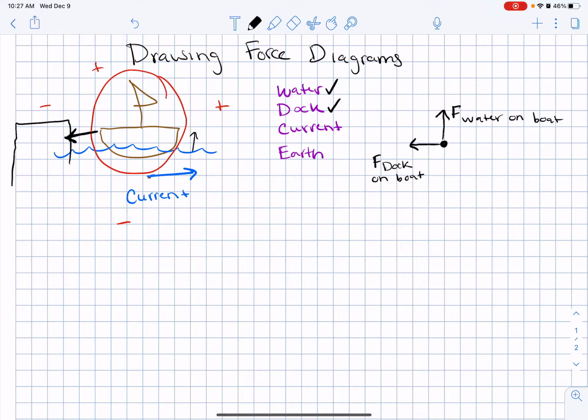Well, the current we already said is pulling in that positive direction. So I'm drawing an arrow to represent that. Force current on boat. So we're done with the current. And the earth always exerts a force downwards. So force earth on boat.